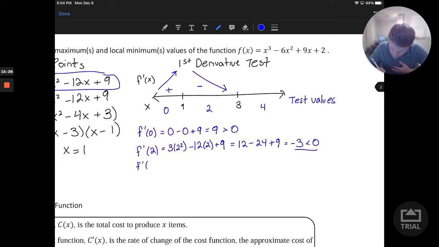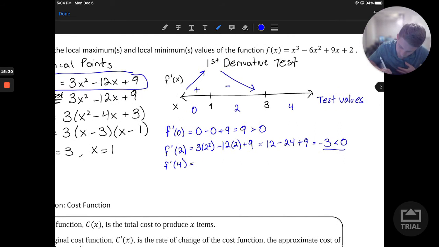F prime at 4, we'll evaluate our first derivative again: 3 times 4 squared minus 12 times 4 plus 9. So we have 4 squared is 16 times 3 would give us 48.